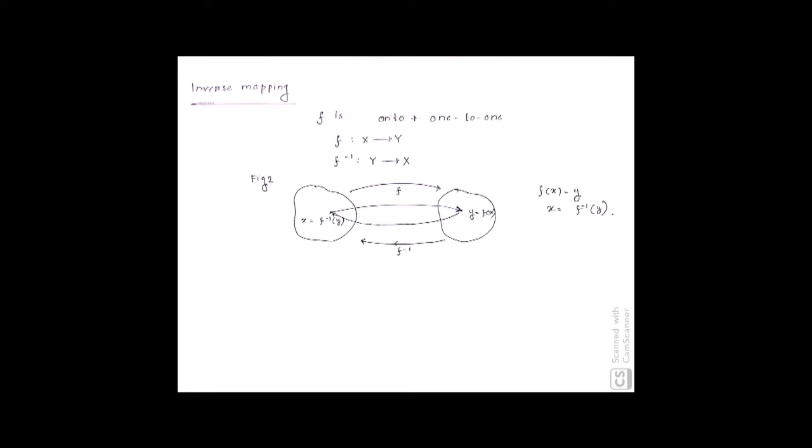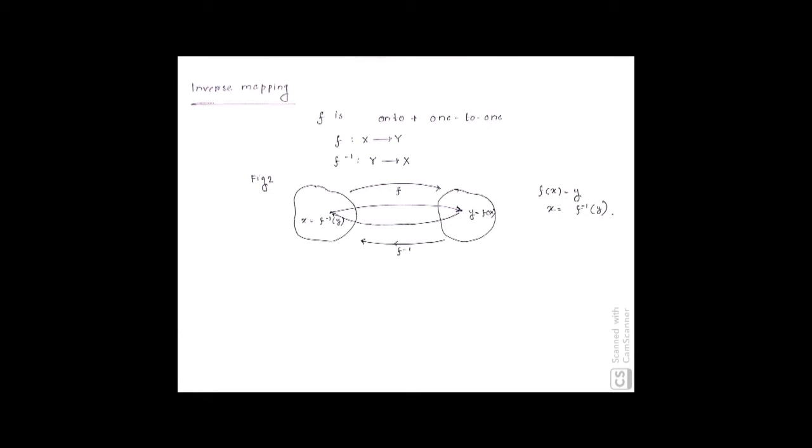And turning the situation around, each y has linked to it exactly one x, which is equal to f inverse of y. When we focus our attention on this aspect of a mapping which is one-to-one and onto, we usually call it one-to-one correspondence. Thus, f is a one-to-one correspondence between X and Y, and f inverse is again a one-to-one correspondence between Y and X.